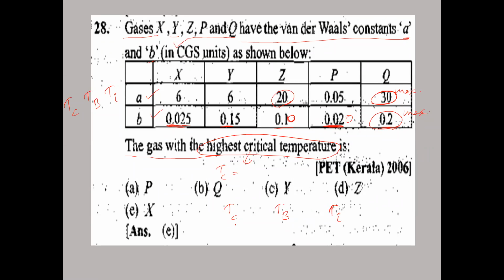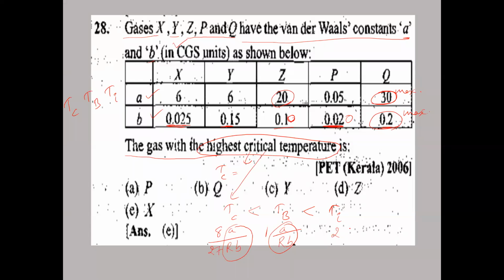Inversion temperature is greater than Boyle temperature, which is greater than critical temperature. Critical temperature Tc is 8a by 27Rb, that is 8 by 27 into a by Rb. Boyle temperature is a by Rb, meaning 1 into a by Rb.